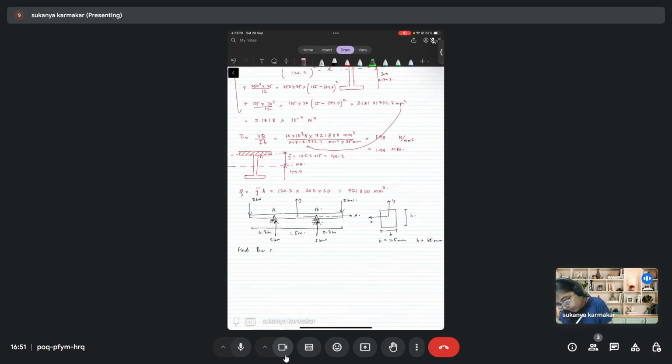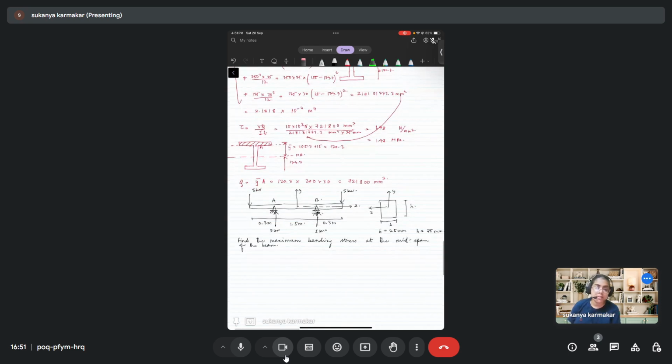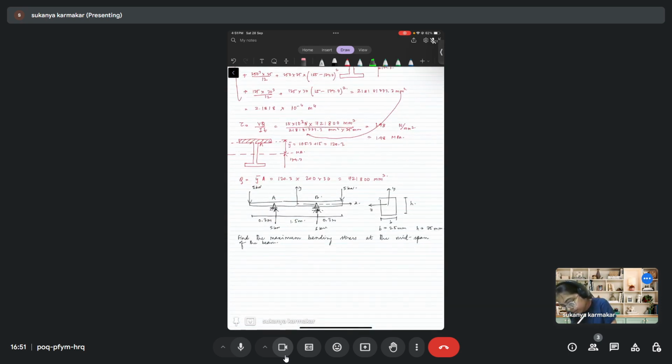Find the maximum bending stress at the midspan of the beam. So first, let's draw the bending moment. This is point A, this is point B. You have a 5 kilonewton load.